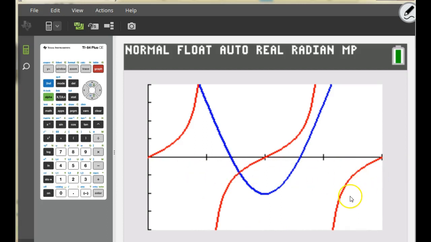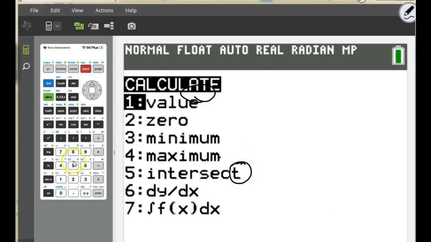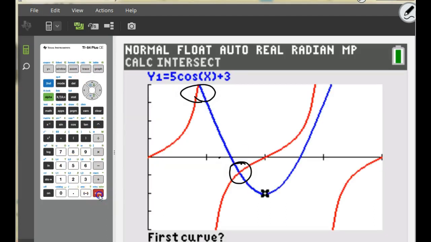Any intersections here? How many? It looks like 2, right? There's one down here and one up here. We want to know where they cross. It doesn't matter if it's positive or negative. So if I go second trace, calculate the intersection, enter, enter, enter, it found this one.